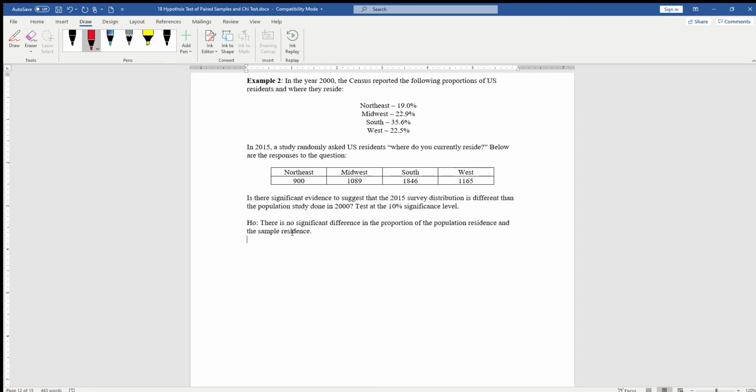And of course the alternative would be the exact same thing, except that there is a significant difference. So we're just going to copy that, and we're going to say there is a significant difference.